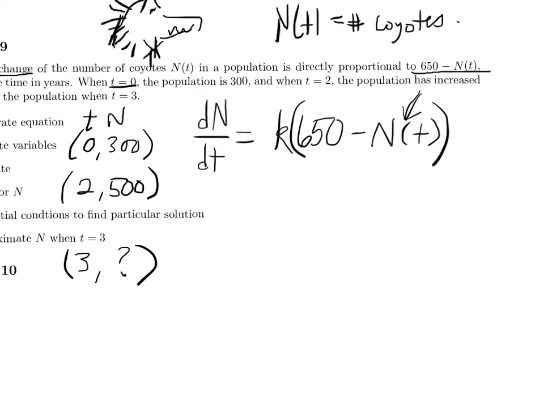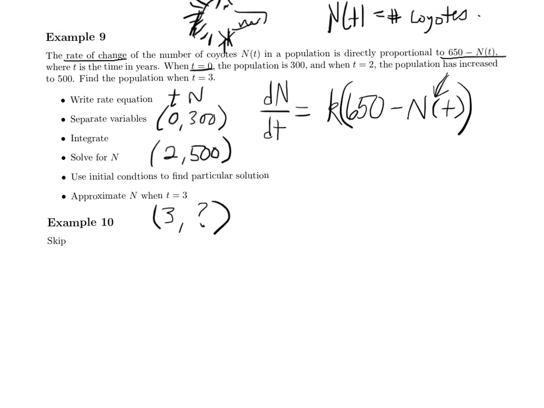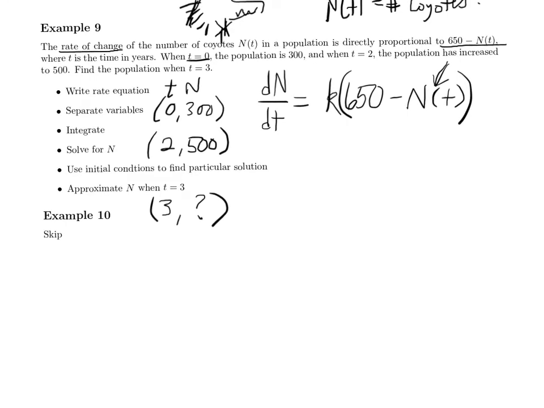Okay, let's take a look. We see the variables in our differential equation. Our first step should be to separate the variables, get the dn with the n. So what can we do to do that?